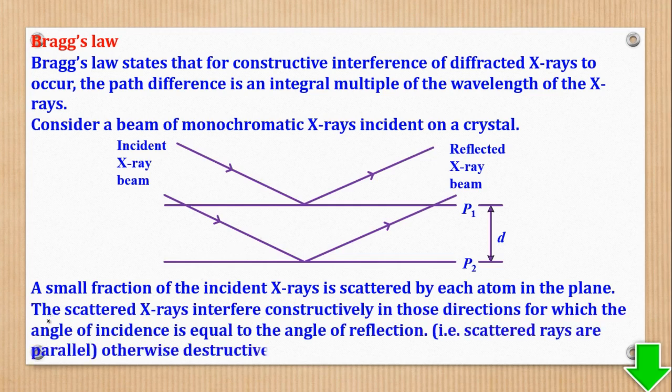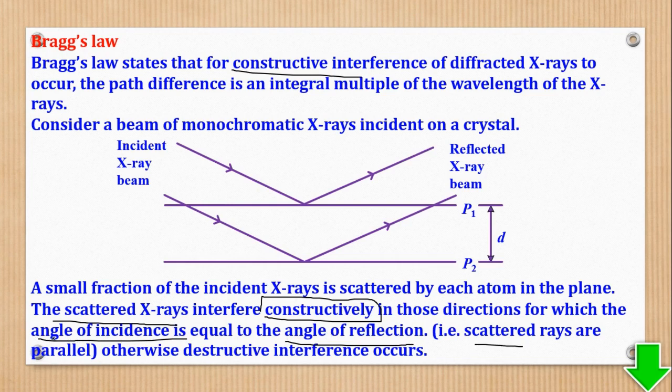Okay, so here shows that the scattered X-rays interfere constructively in those directions for which the angle of incidence is equal to the angle of reflection, i.e. the scattered rays are parallel.